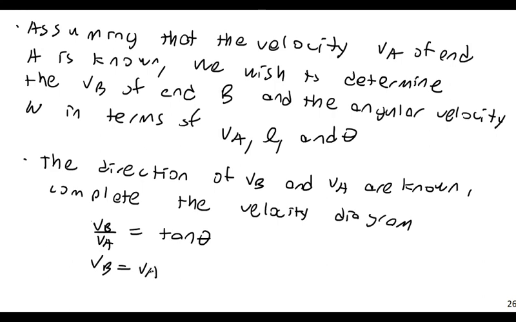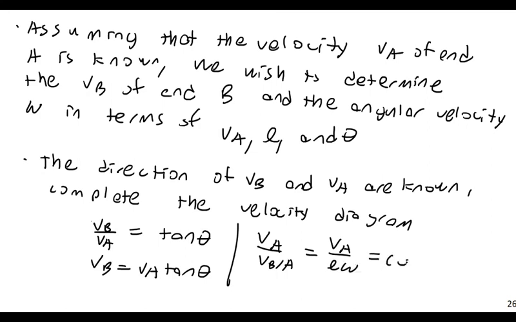And also VA over VB with respect to A is equal to VA over L omega, which is equal to the cosine of theta. And then omega is equal to VA over L cosine theta. So we already have that.